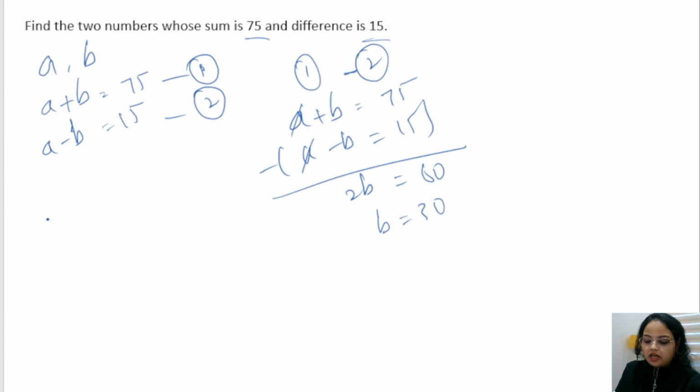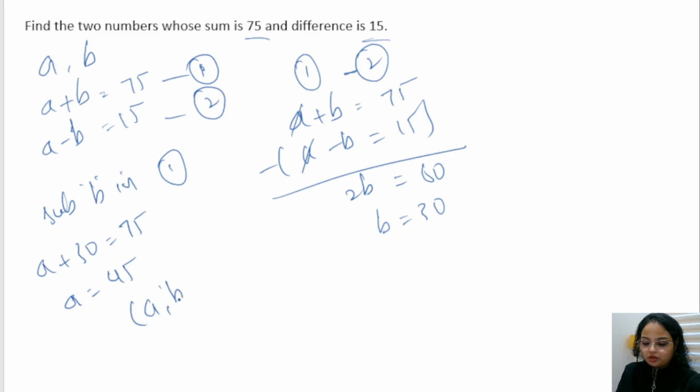It is 30. I am substituting B value in the first equation and get A plus 30 is equal to 75. A is equal to 75 minus 30. It is 45. Sorry, the two values A and B are 45 and 30.